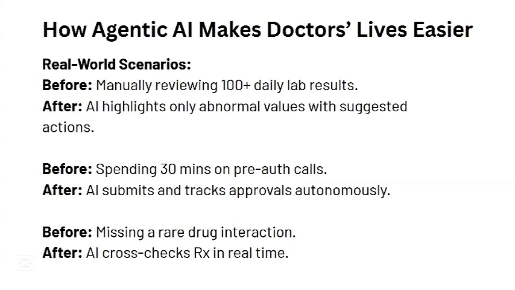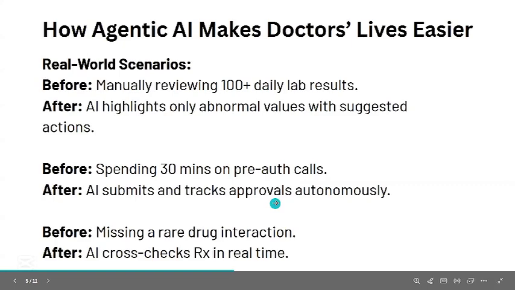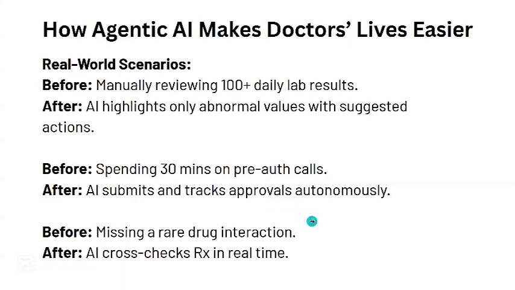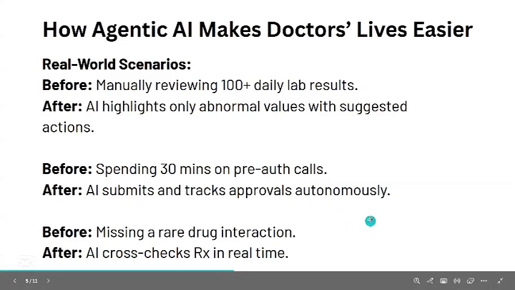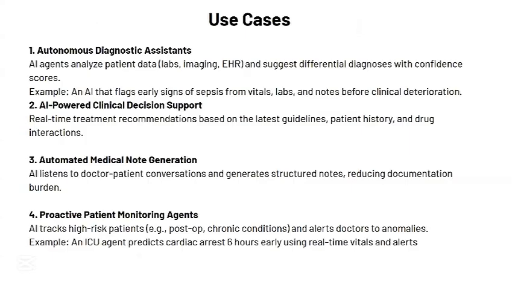Then you can give the priority for those things, and also, like I mentioned before, save the time spent on calls and pre-auth calls. And if there are cases that you cannot easily detect, like chances that you miss rare drug interactions, you can keep an AI agent to monitor that and detect those kinds of situations.